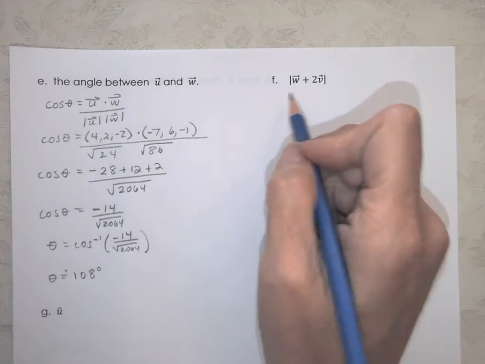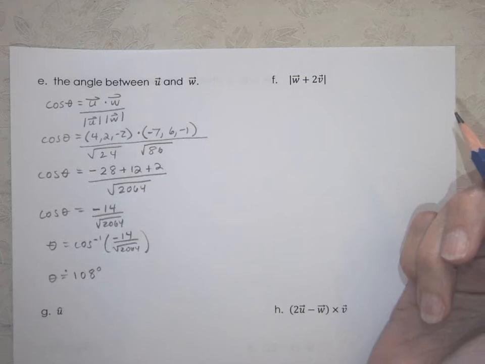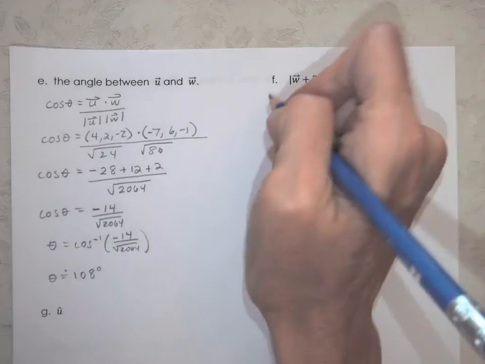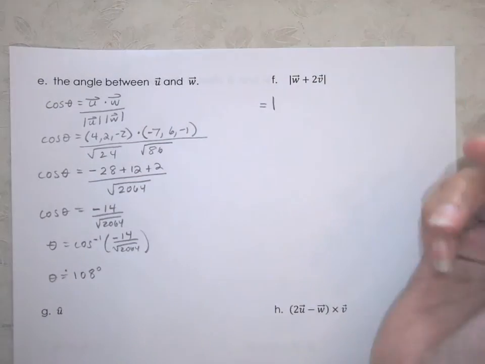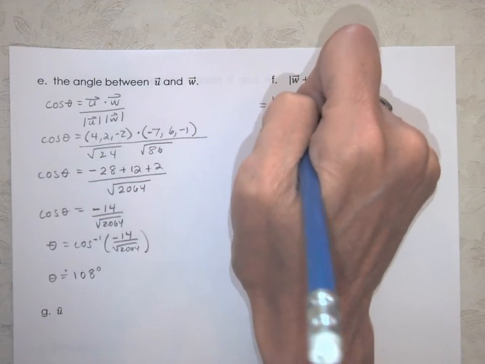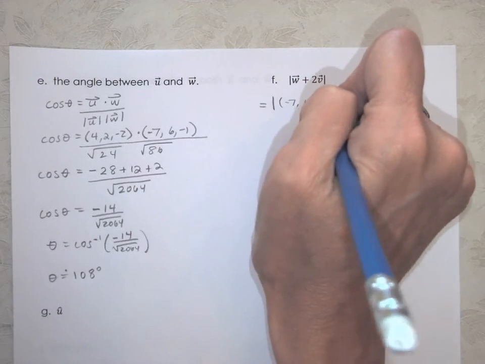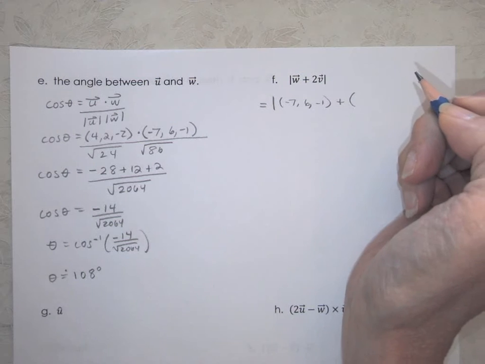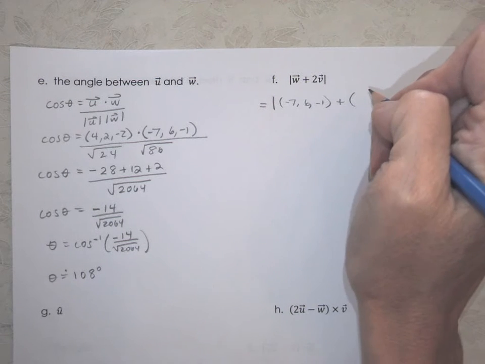Okay, this one says the magnitude of vector w plus 2v. So that our answer is going to be a number because we know it's a magnitude. And then the magnitude of vector w, which was negative 7, 6, negative 1, plus 2 vector v's. So that's going to be vector v multiplied by 2.